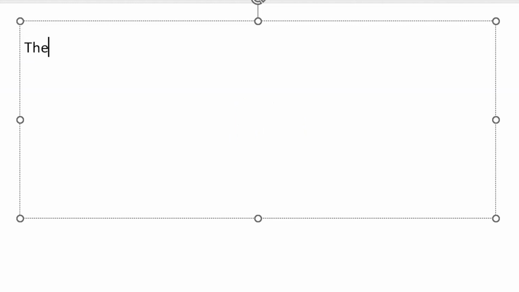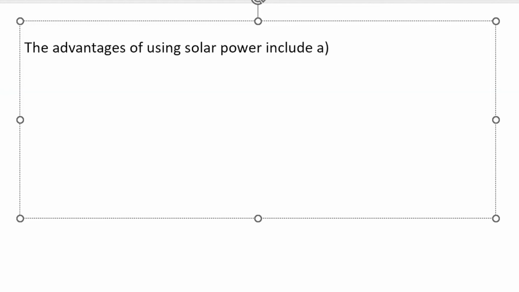You would put something like the advantages of using solar power include, and you use the letters of the alphabet. A, decreased costs, comma, or colon. Either one is okay. B would be blah, blah, blah, comma. And then if the last one is my last entry for my advantages, I'd put and C, comma, blah, blah.